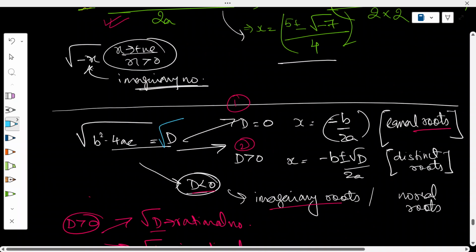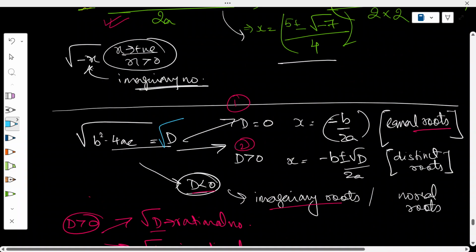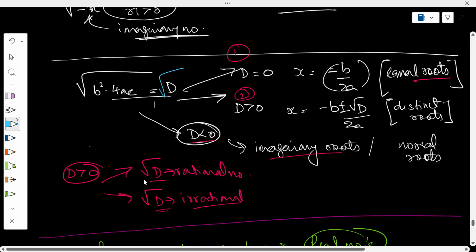Depending upon the value under the square root, we have cases. When d is equal to 0, equal roots. D positive, distinct roots. D less than 0, no real roots, imaginary roots. If d is positive and root d is a rational number, then we have distinct rational roots.